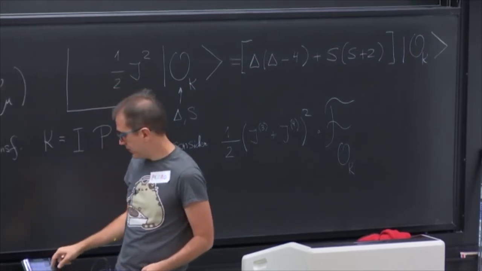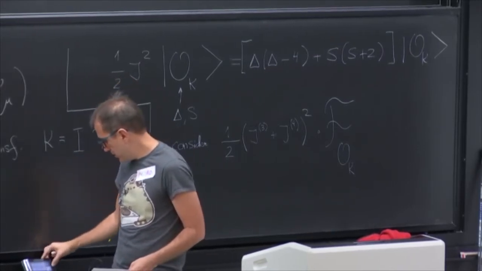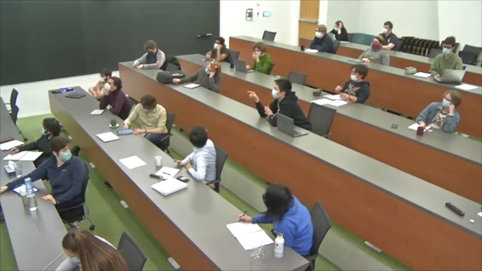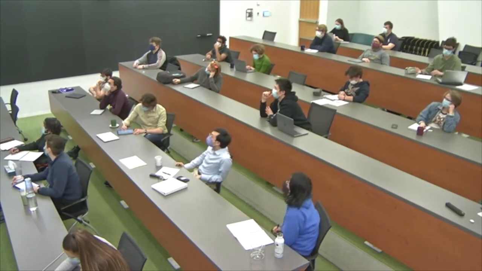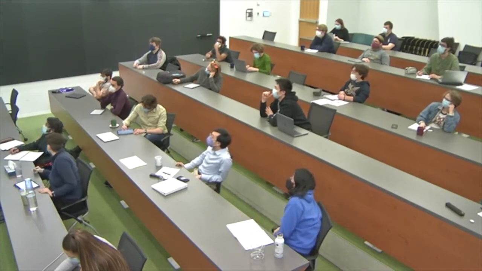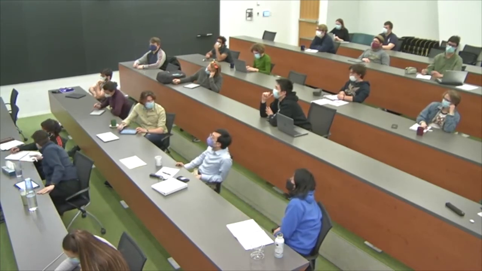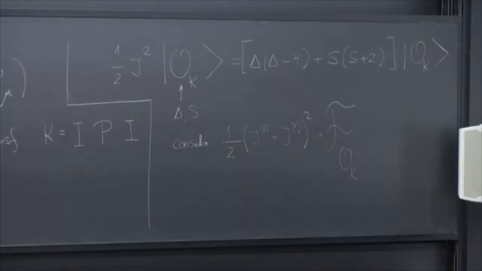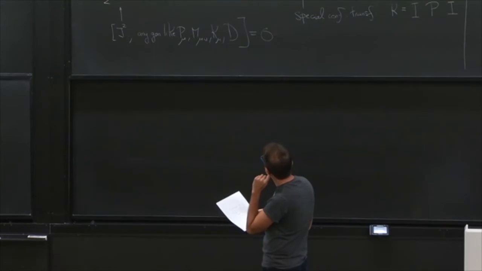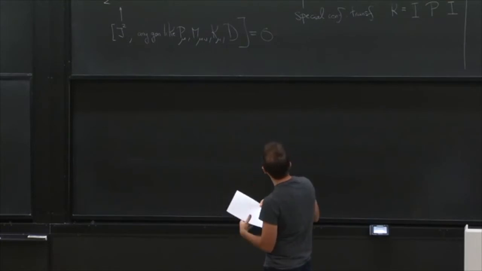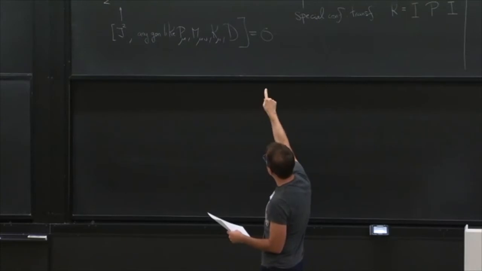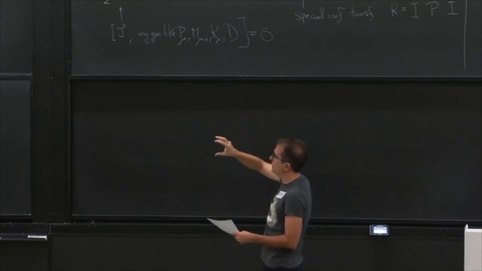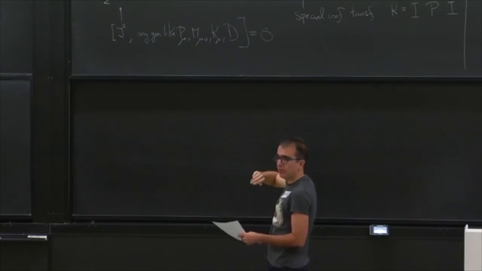Is there a difference between J plus J squared or J squared plus J squared, or is it just a notation? By J squared, I just mean that each of these generators, I replace them by, for example, D squared, where D would be D acting on 3 plus D acting on 4.